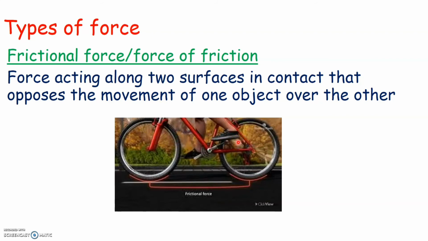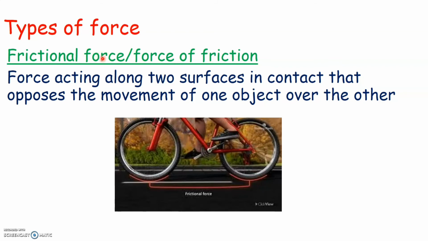So that is what is told here. Force acting along two surfaces that are in contact, and this force will oppose the movement of one object over the other object. And this force is known as the force of friction, otherwise known as frictional force.